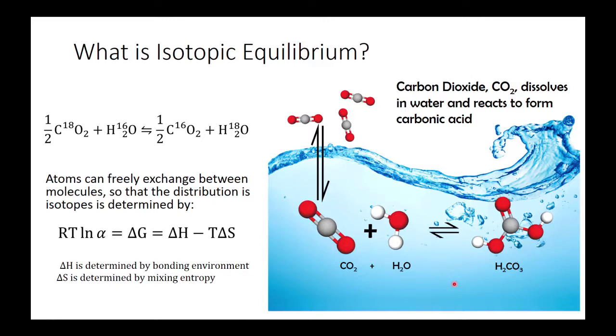So the example here is CO2 and water, and because there's a chemical reaction between CO2 and water, if you have those two species basically in contact with each other, the bonds of these molecules will constantly be being broken and remade as this chemical equilibrium moves back and forwards. So it's very easy to exchange your isotopes between the different phases.